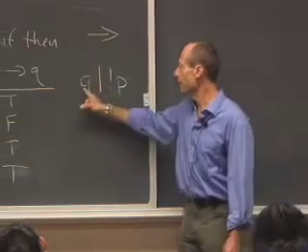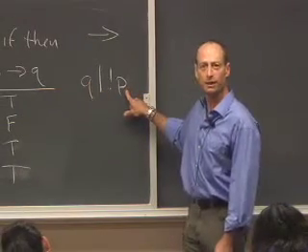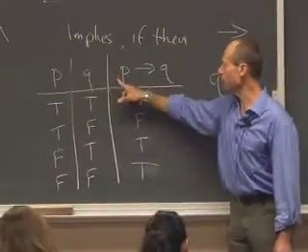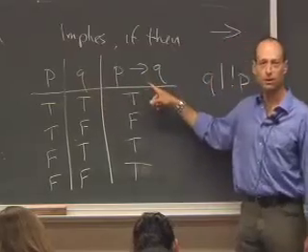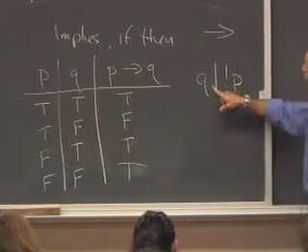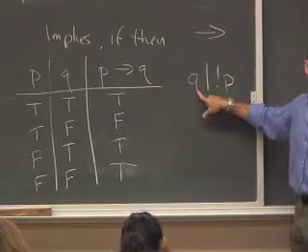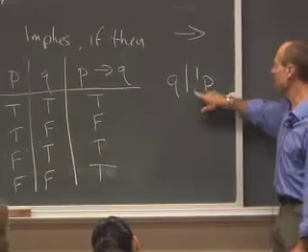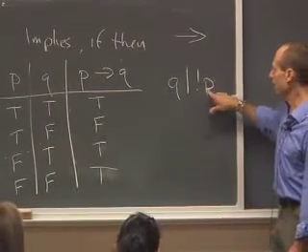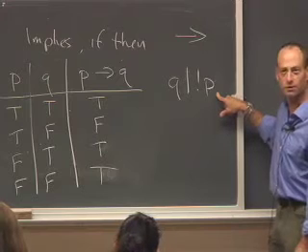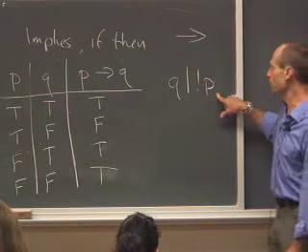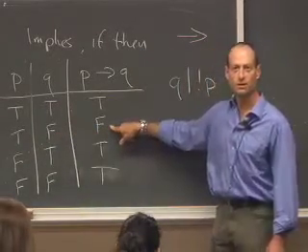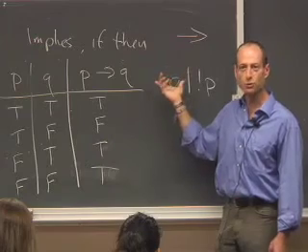If I plug in any value for P and any value for Q, it gives me the same thing in both expressions. So what happens if I plug P is true and Q is false in here? I get P is true, not P is false, so false or false, which is false. So if P is true and Q is false, this gives me false, and that gives me false too. They're logically equivalent. They take exactly the same truth values.